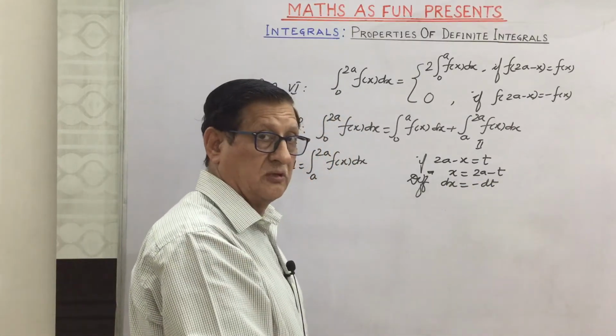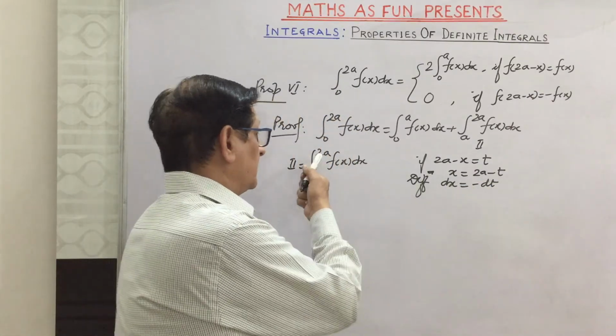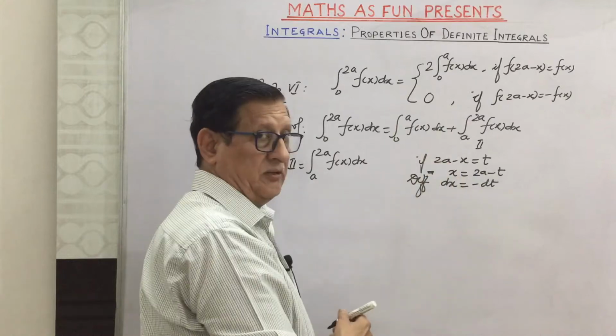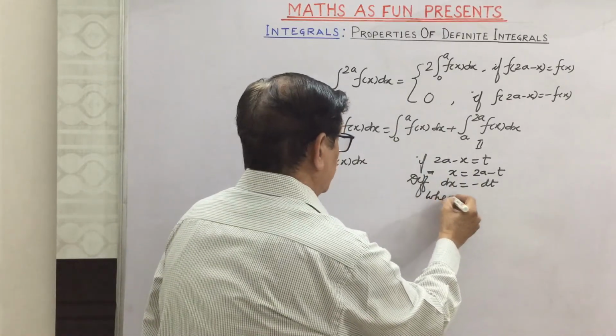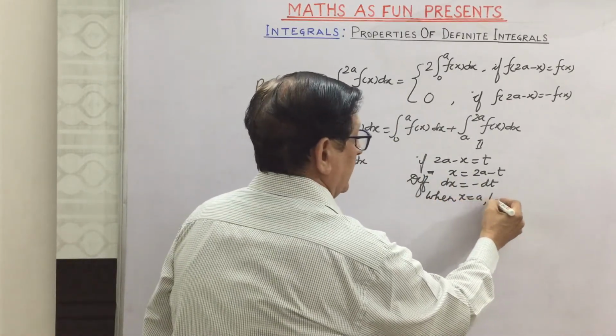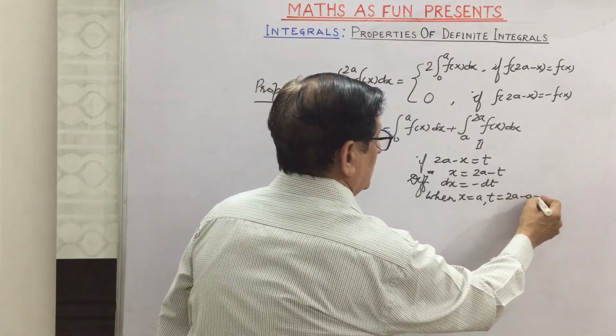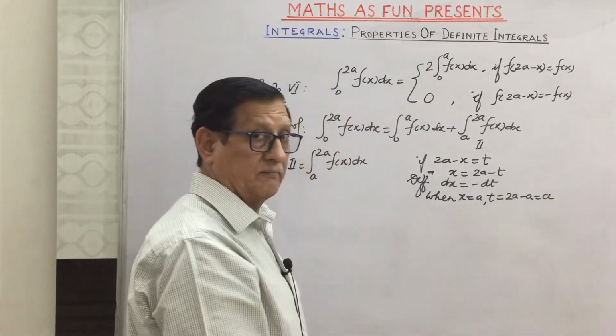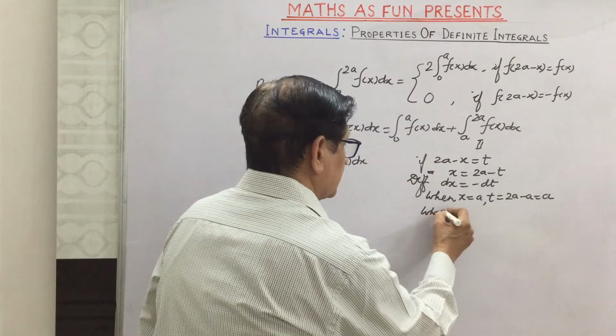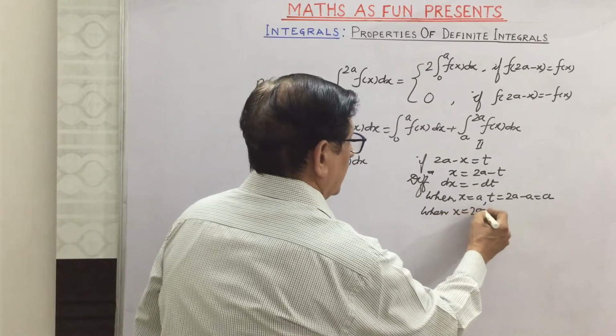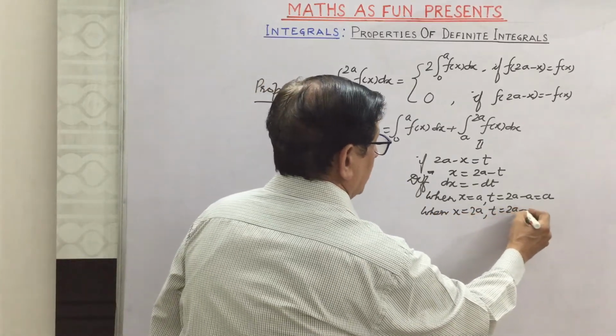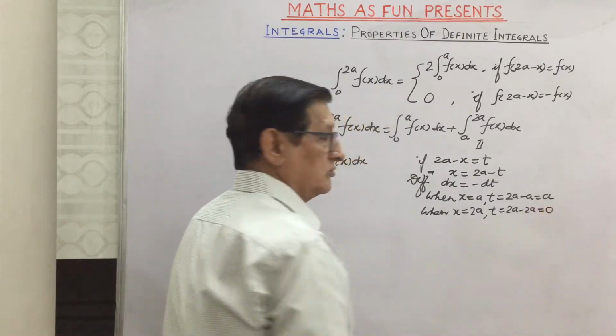But we have to convert the limits also according to t. So we get here when x is equal to a, t will be equal to 2a minus a, that is a. And when x is equal to 2a, then t will be 2a minus 2a is equal to 0.